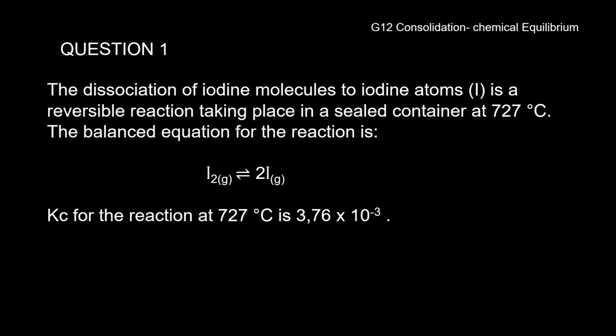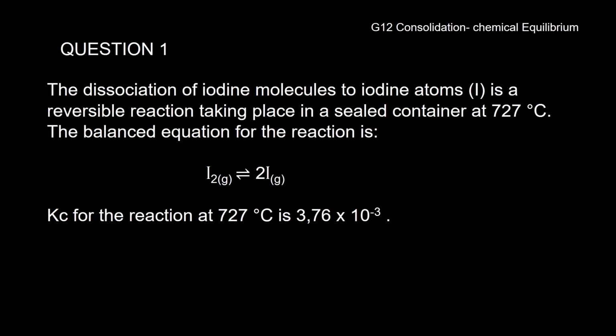So the first question is quite a big question, and it covers quite a lot of information that we should know. It sets the scene. The dissociation of iodine molecules to iodine atoms is a reversible reaction taking place in a sealed container at 727 degrees Celsius.